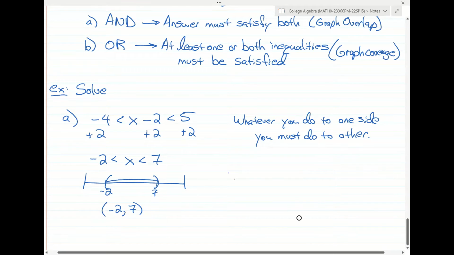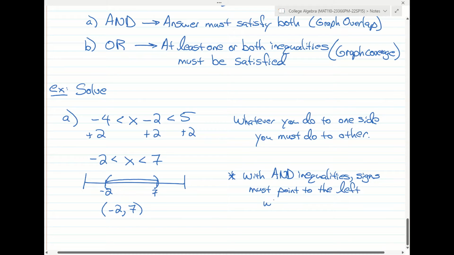One thing to clarify, AND inequalities, signs must point to the left when combined.